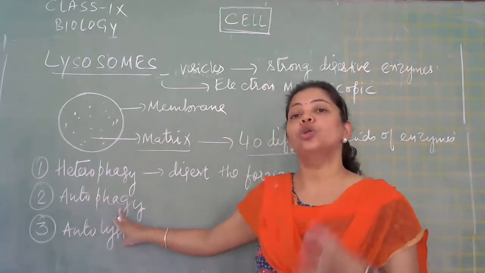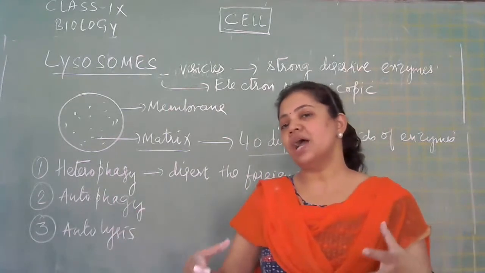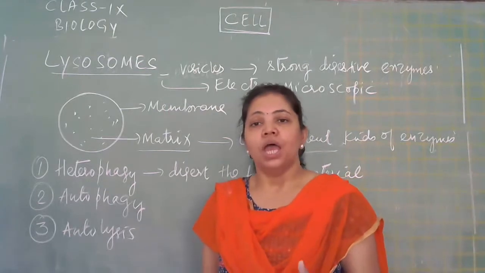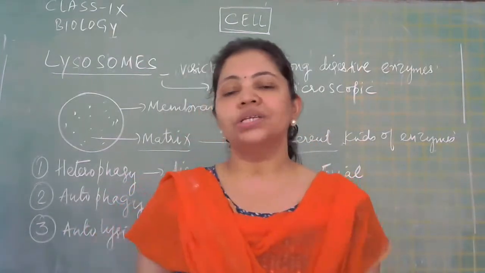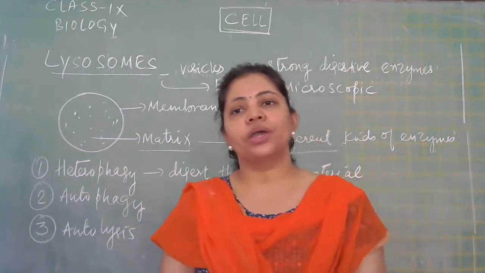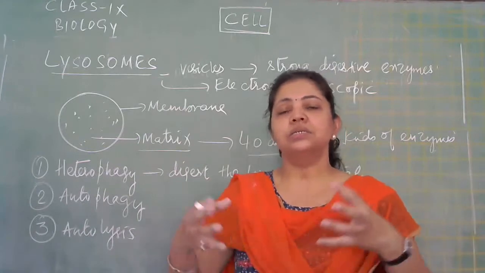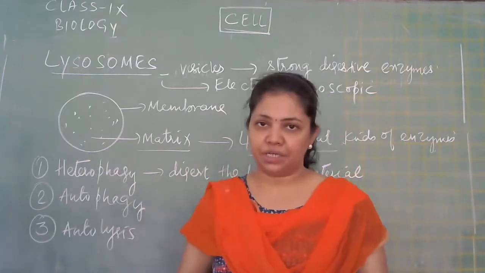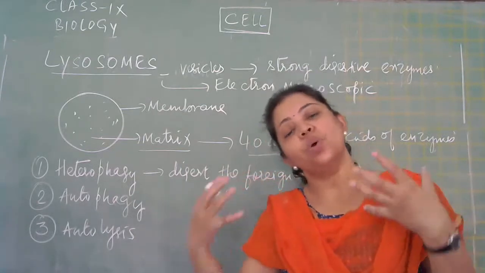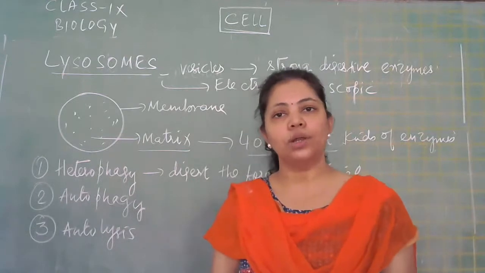Another one is autophagy. Inside the cell many kinds of cell organelles are present, and due to the continuous functioning of the cell organelles, they eventually become older, and more or less parts of them start disintegrating. So these old and worn out cell organelles are present inside the cell only.